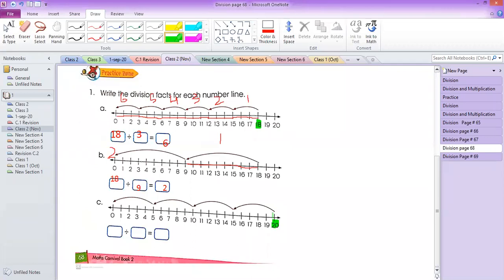Now 20 is divided by what number? You have to check here and tell me. Are you counting back in twos, threes, fours, fives, sixes, or sevens? Check how many numbers you count back in one step. That means you are dividing by that number.